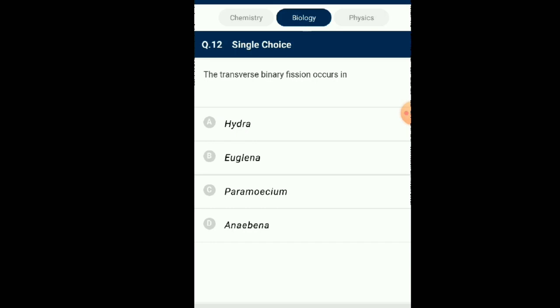Transverse binary fission is seen in paramecium. In this method, an organism is divided into two parts by a transverse plane. No variations are seen in this method as meiosis is absent, so the offspring is almost an identical replica of their parents. So the answer is option C, paramecium.